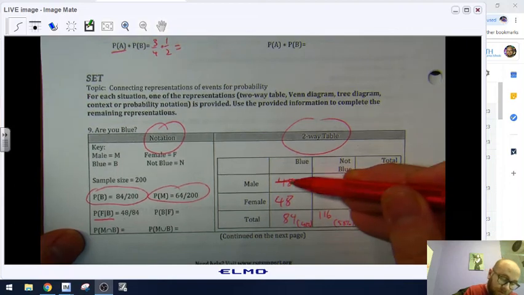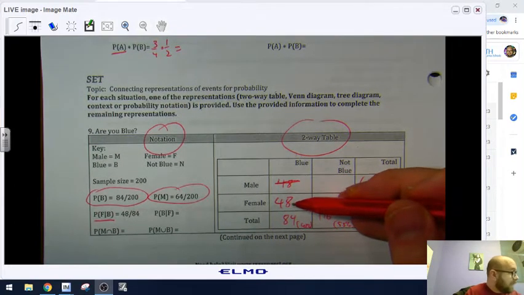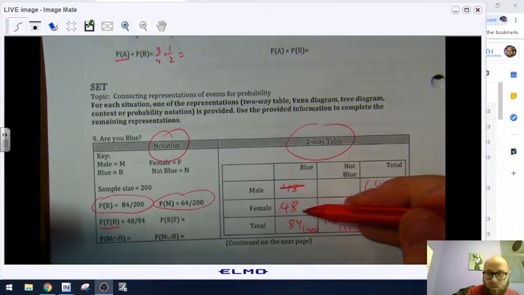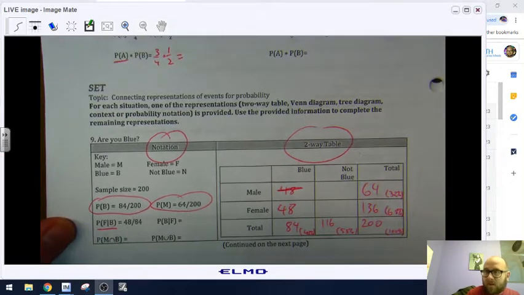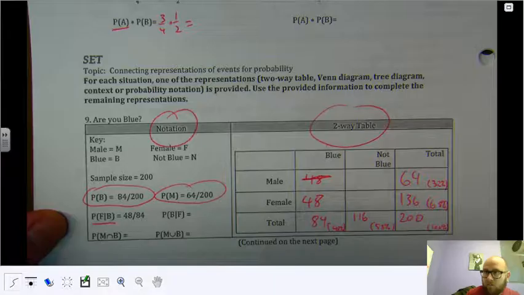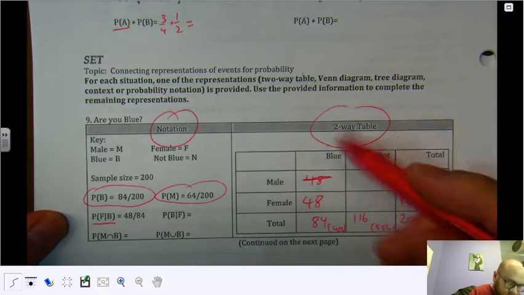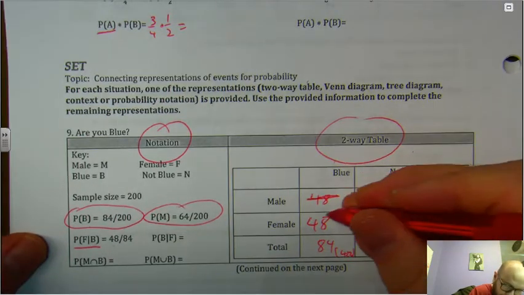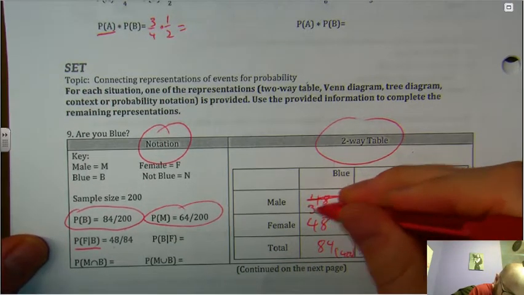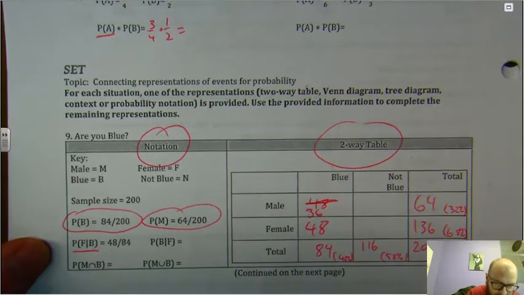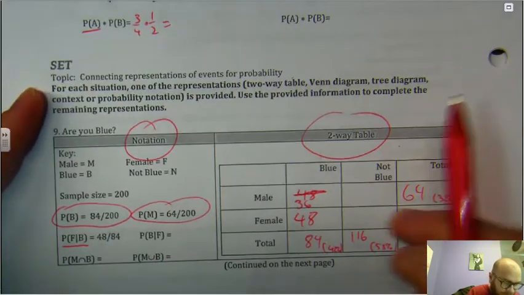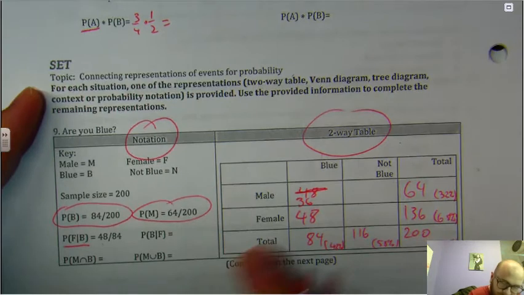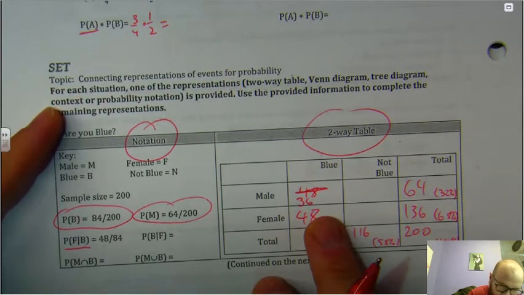48, that means our male must be 84 minus 48, which would be 36, okay? And then, now that we know this, we can figure everything else out.